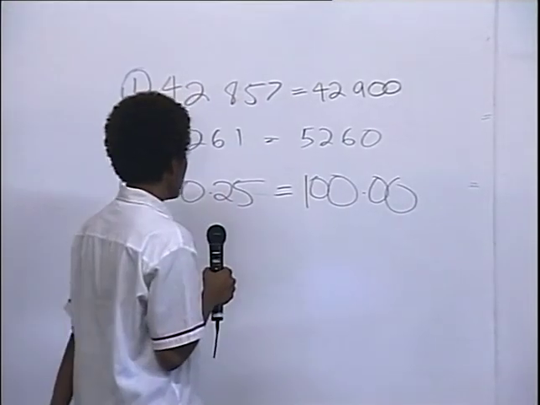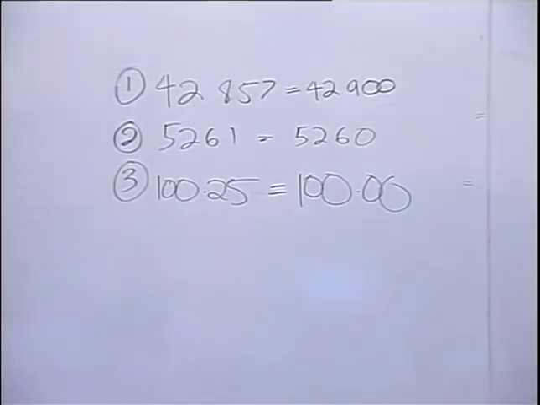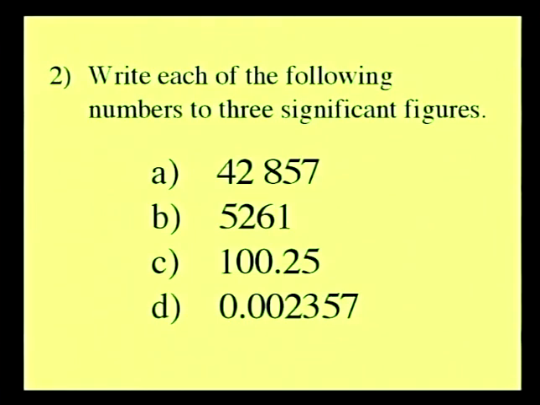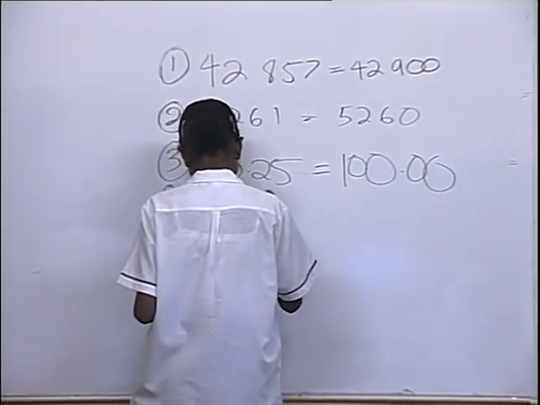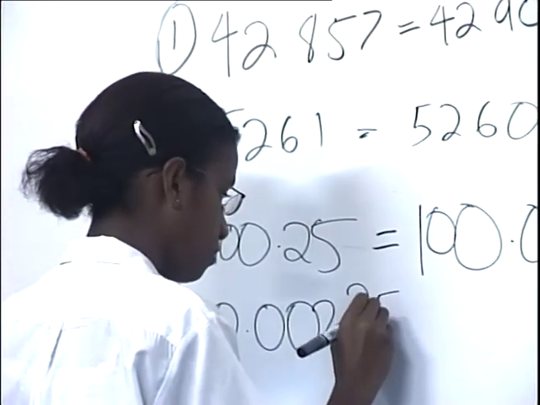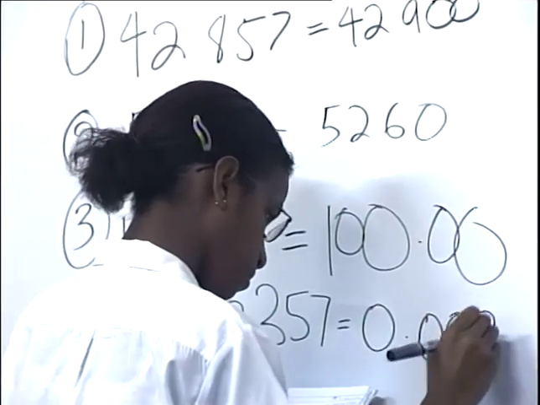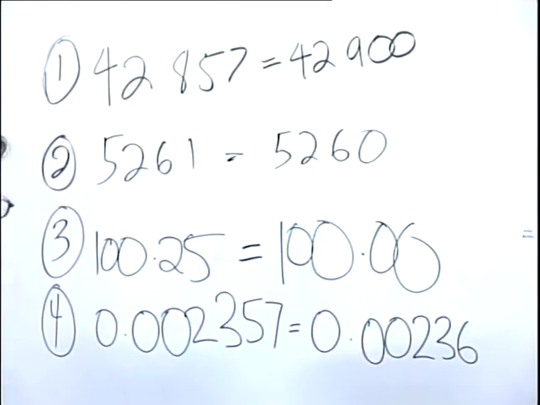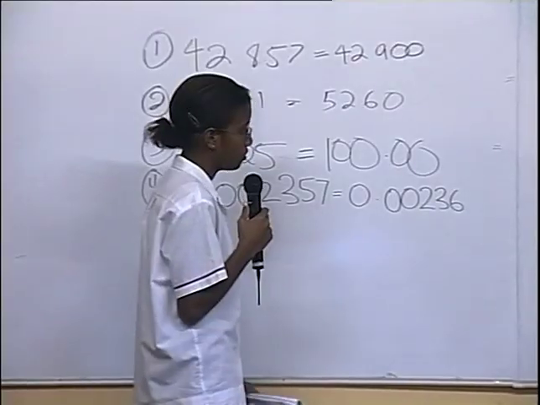100.25 to 3 significant figures is 100. 0.0023572 to 3 significant figures is 0.00236.